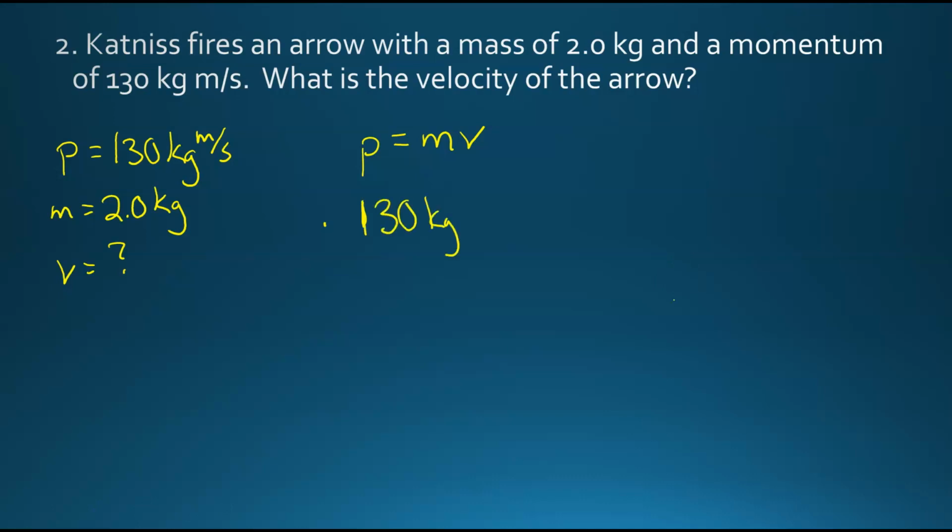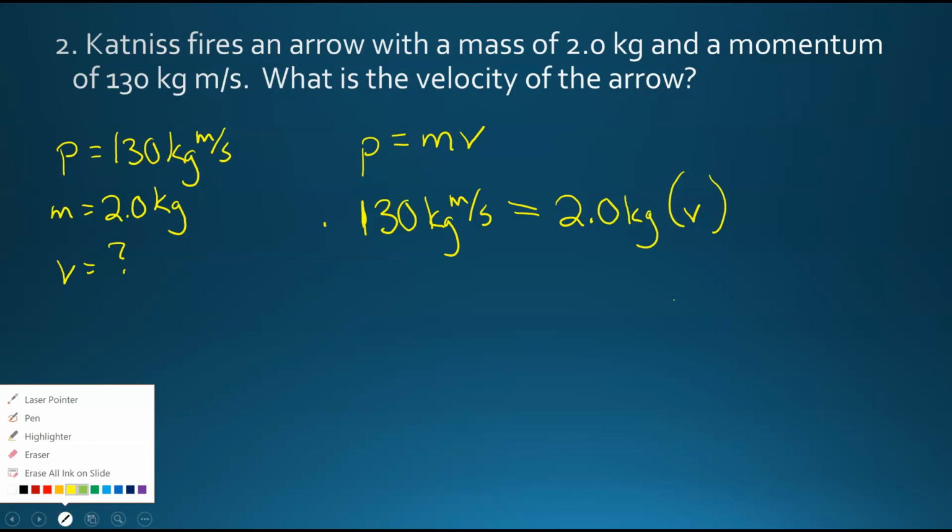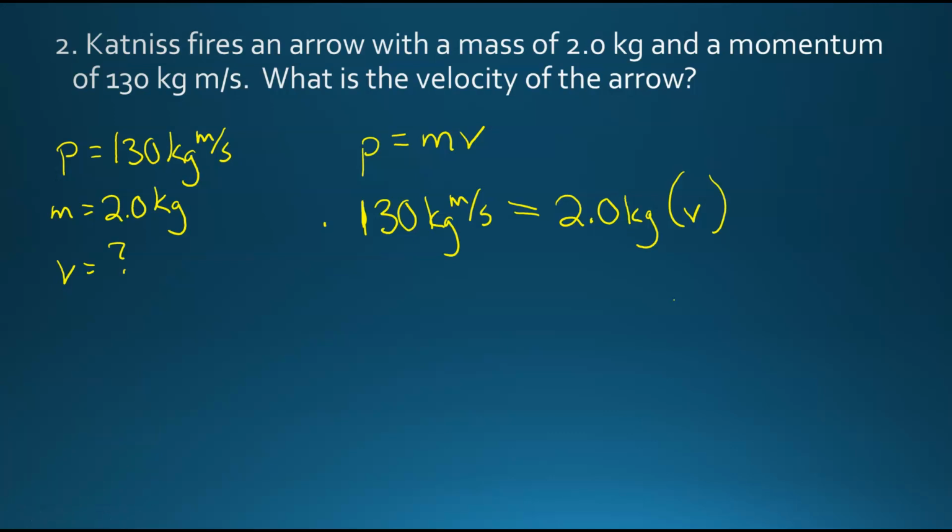Okay, so 130 kg m/s equals, we know m is 2.0 kg, kilograms. What we don't know is v, so that's what we're trying to find. Now, if we want to find v, and v is being multiplied by this 2.0 kilograms, we've got to undo that multiplication.